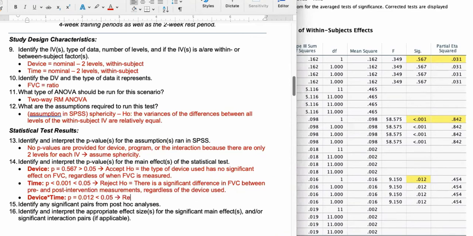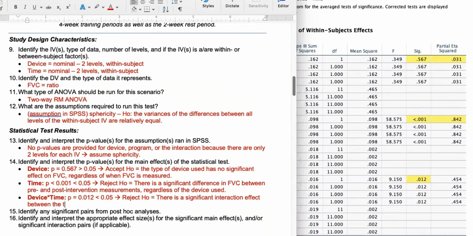So we would reject the null and say that there is a significant interaction effect between the type of device used and when FVC is measured. That would be getting at the time component.